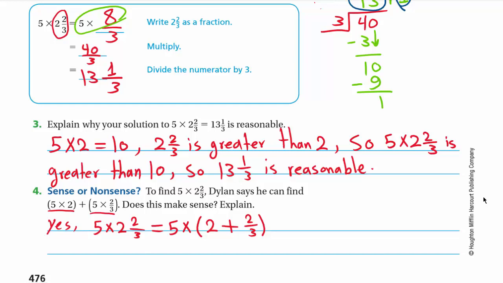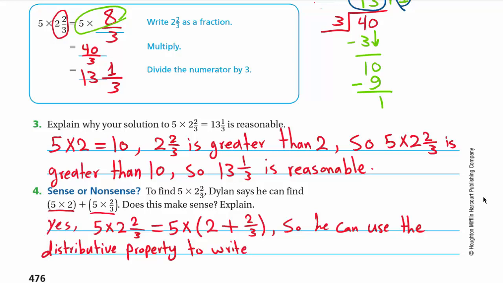So he can use the distributive property to write 5 multiplied by 2 plus 2/3 as we multiply the 5 by 2 and we multiply the 5 by 2/3.